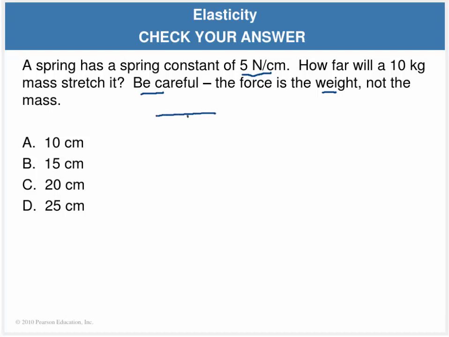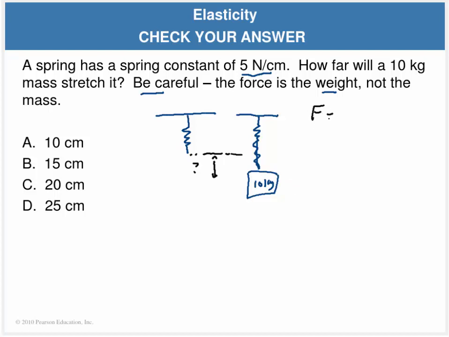So here we have an unstretched spring, and we're going to put a 10 kilogram mass on there, and what we're looking for is how far this stretched. So let's talk about the force that we're experiencing.